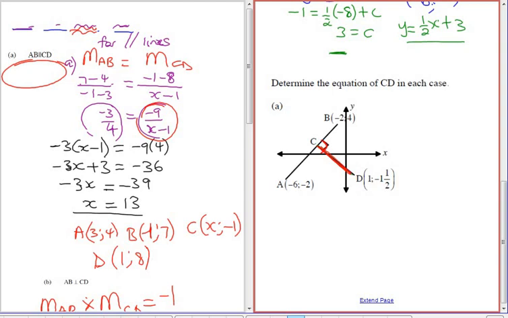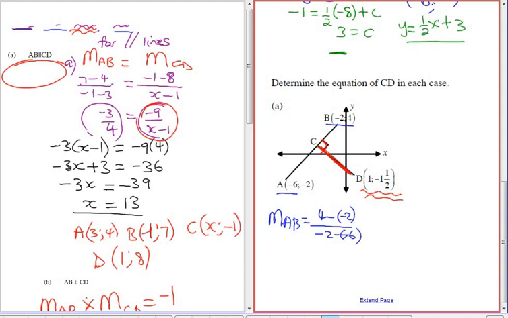So getting its gradient is not going to be a problem, and getting C is not going to be a problem as well, especially if we have that. But to go to wherever we want to go, we may need to calculate the gradient of AB. At least we have two coordinates, so we can easily calculate the gradient of AB. So I'm going to say 4 minus -2 divided by -2 minus -6.